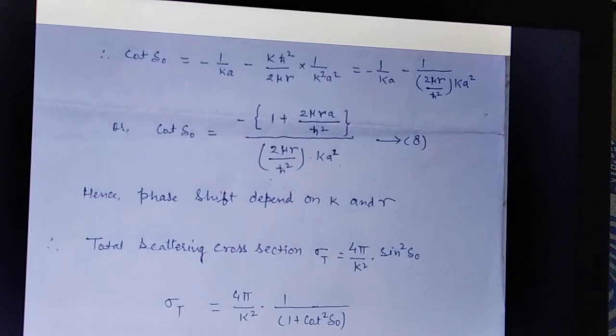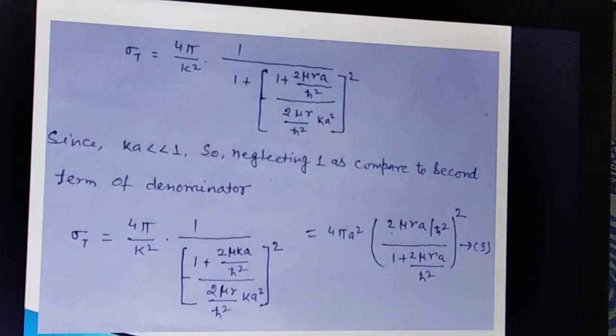On putting the value of cot of delta 0, we have sigma t equal to 4 pi over k square into 1 over 1 plus the bracket of 1 plus 2 mu gamma over h cross square over 2 mu gamma over h cross square ka, whole square.